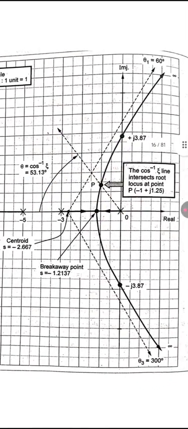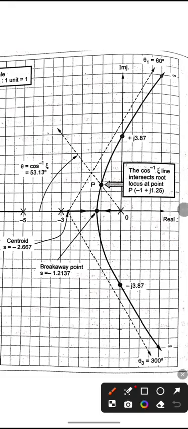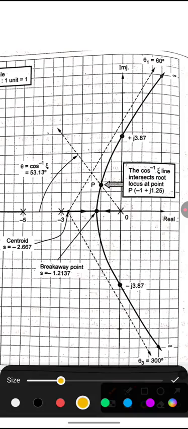What is the p value? How do we find p? Once again, based on the damping ratio they have given, the value of zeta, we have found the value of theta. By keeping the protractor, you mark the angle, with the center here, and it should join to the breakaway line.